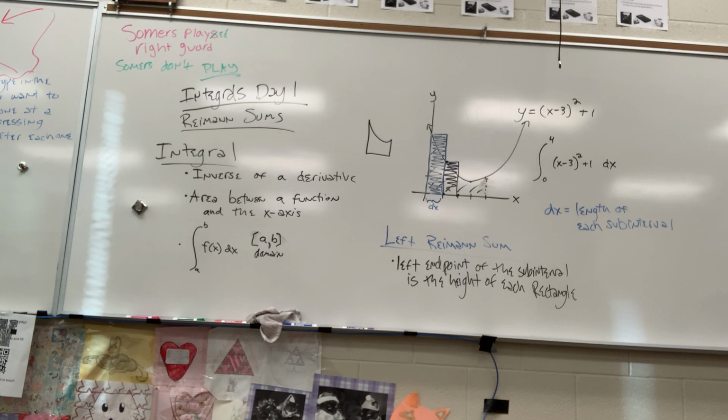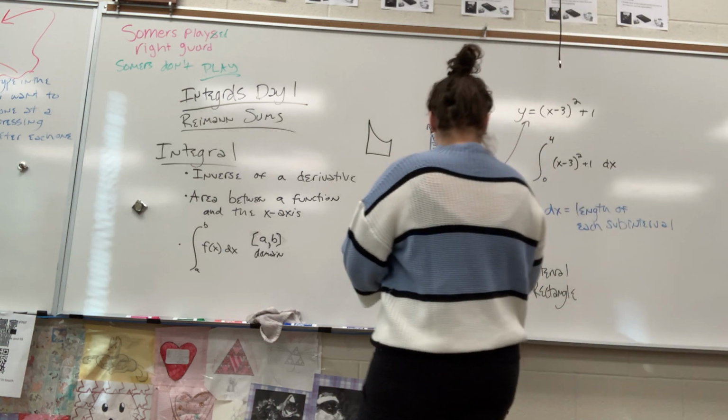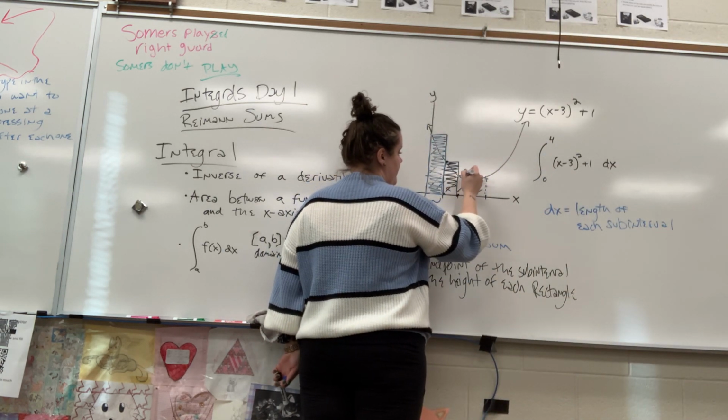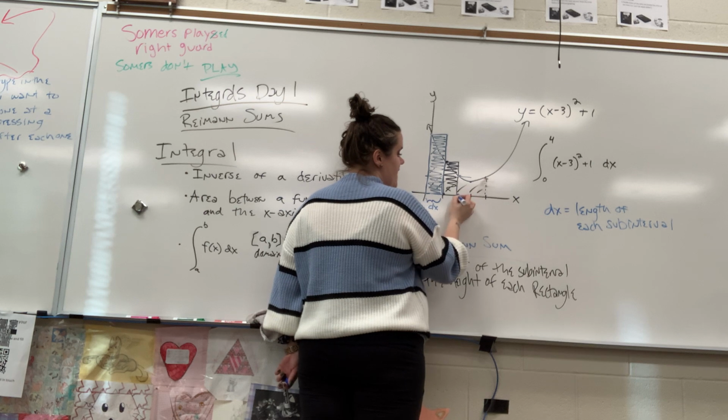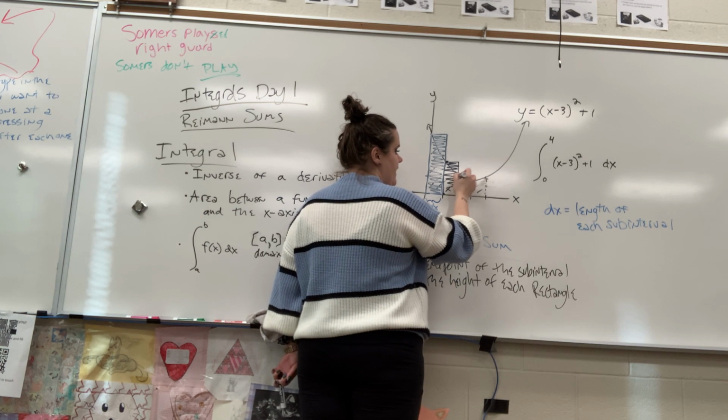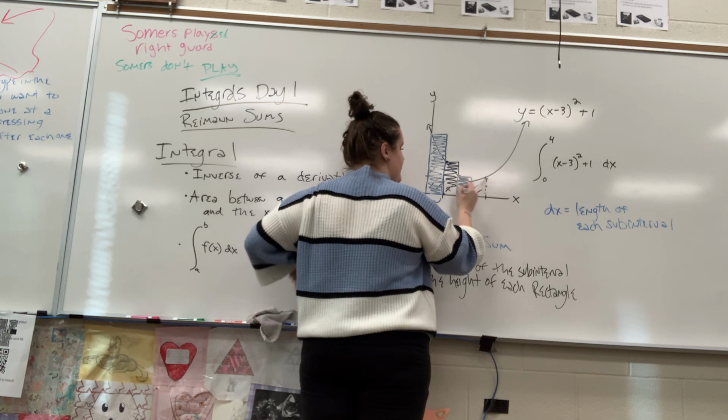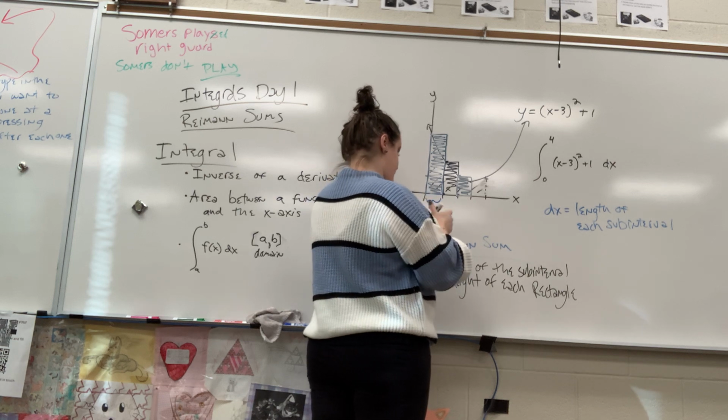Right now I'm doing a left Riemann sum. We're going to do a right Riemann sum after. So then of my subinterval, I go to my left end point, and that's the height of each rectangle.